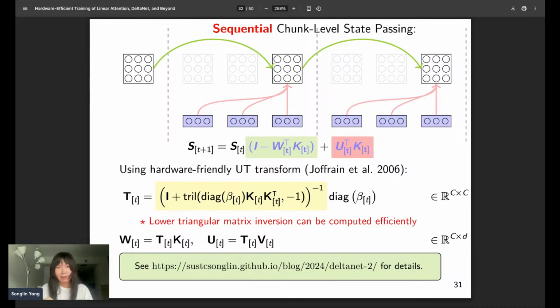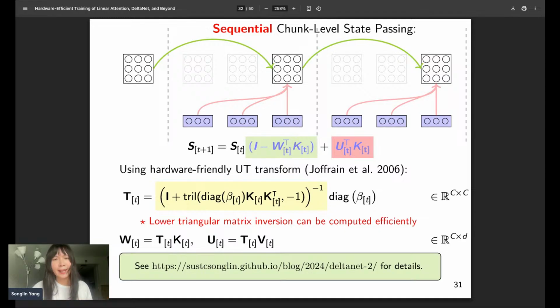So we can adapt linear attention's chunkwise algorithm to the DeltaNet case. First off, for the state update, we need to consider the state transition matrix as well. For vanilla linear attention, we can view the state transition matrix as the identity matrix, so it basically does nothing.